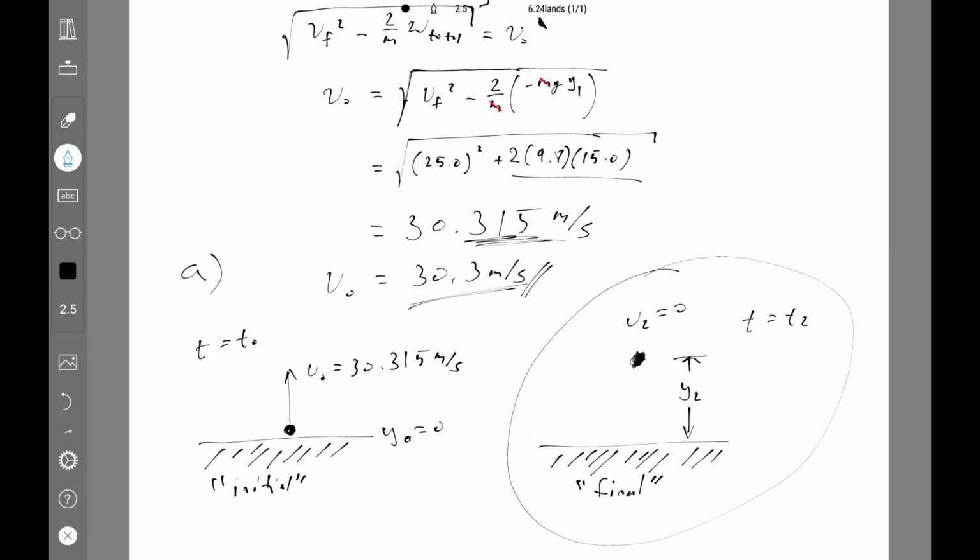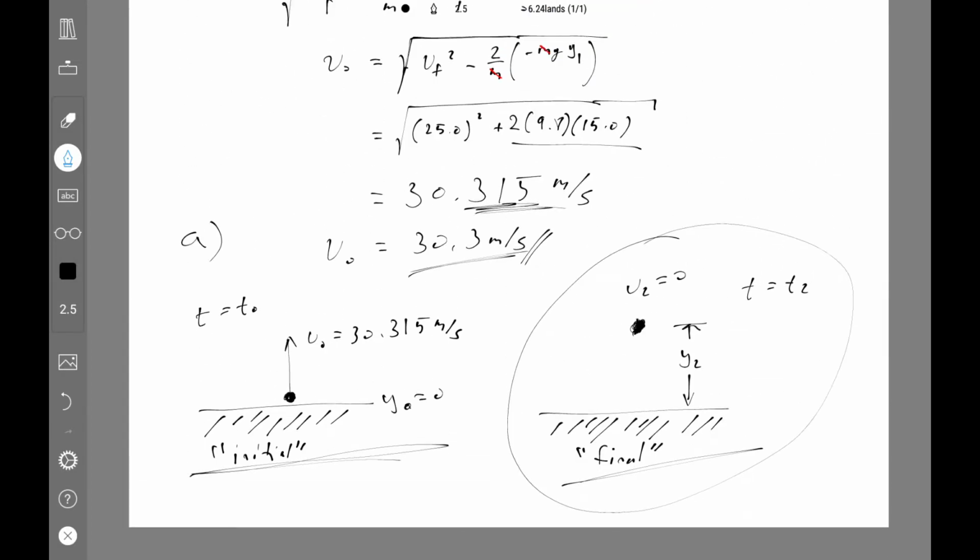But let's stick to the way I drew it first. I don't know what I meant by the last sentence, so just forget what I said there.